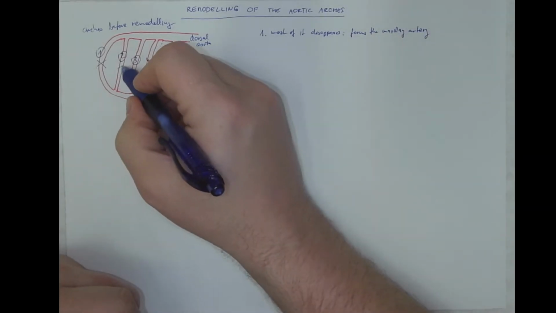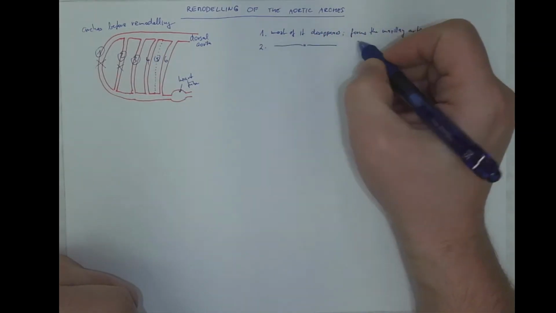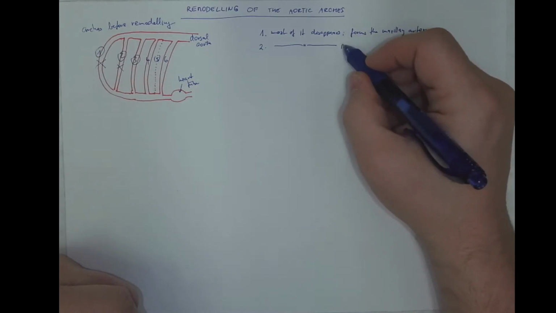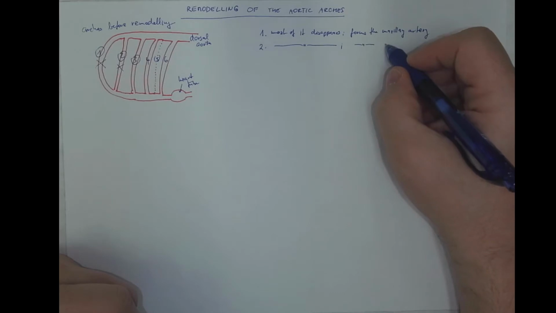The second arch, also most of it disappears, but the one that persists is known as the stapedial artery.